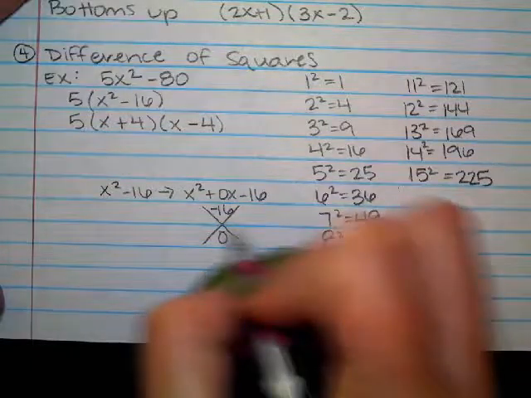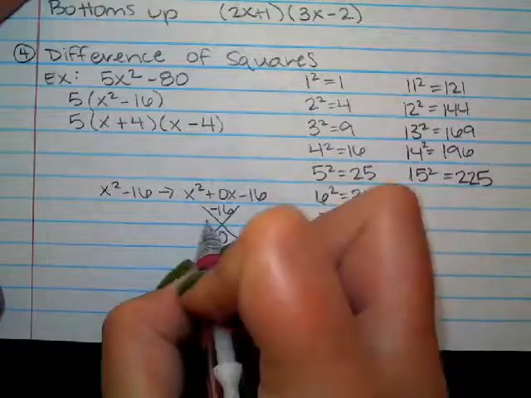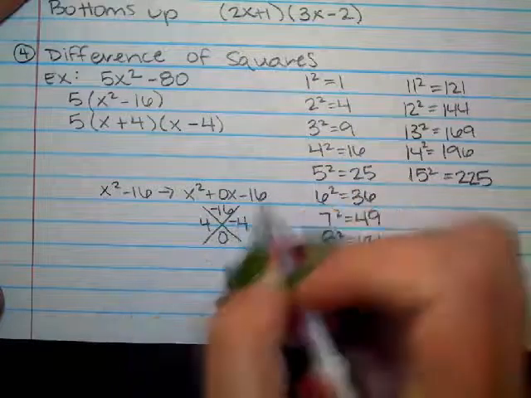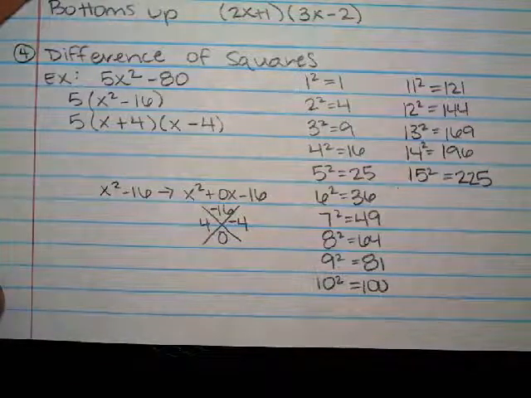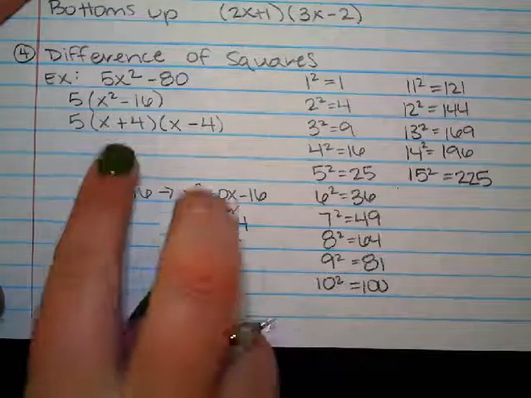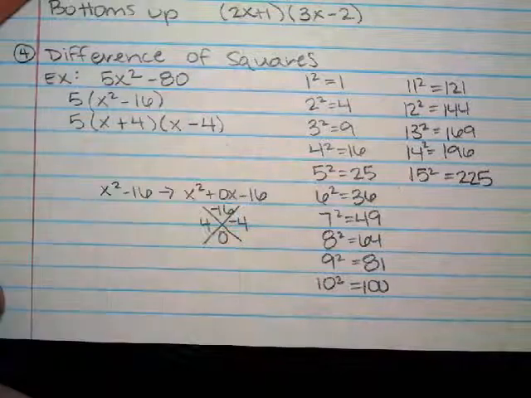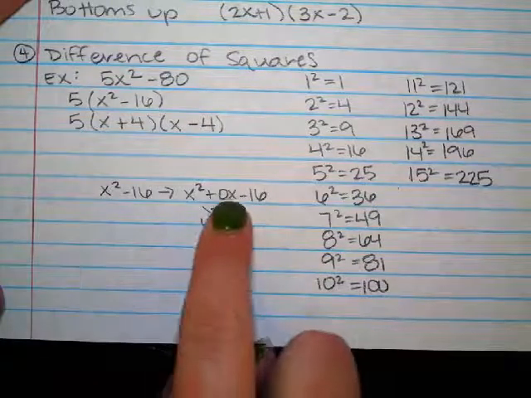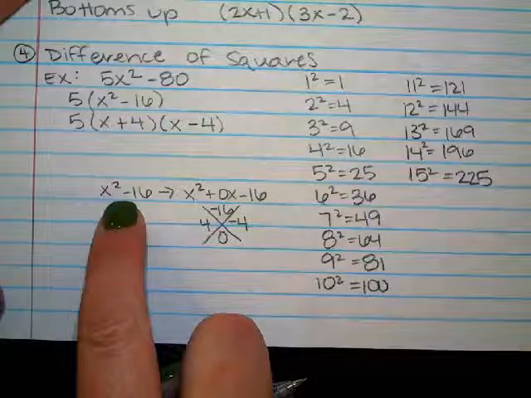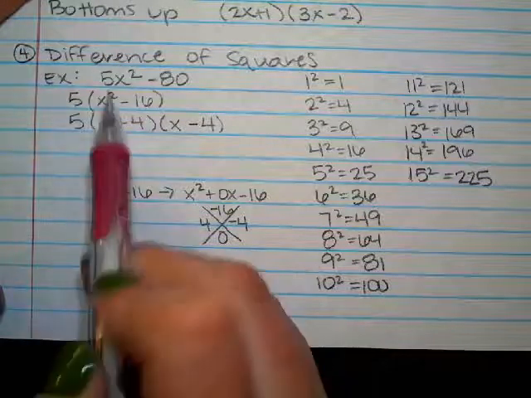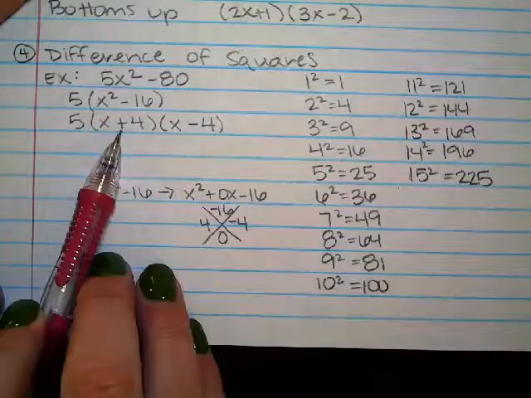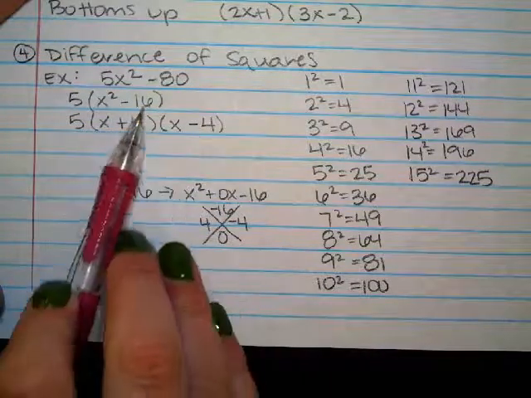So positive 4 and negative 4. So that's why we have one number that's a plus, one number that's a minus, and they have to be the same, because they have to 0 out for that middle term to be missing to be able to get x squared minus 16. So this is difference of squares, 1 plus, 1 minus, and it's just the square root of that number.